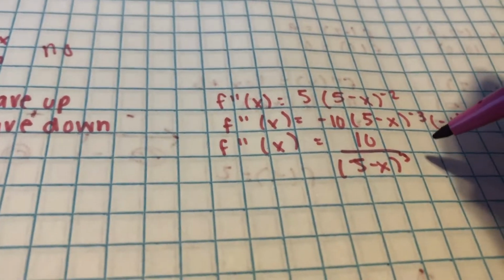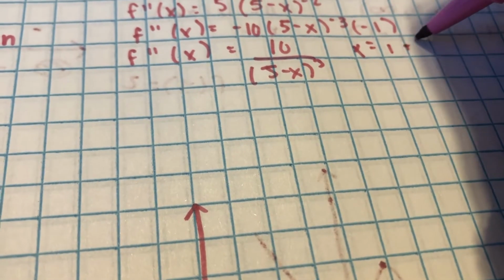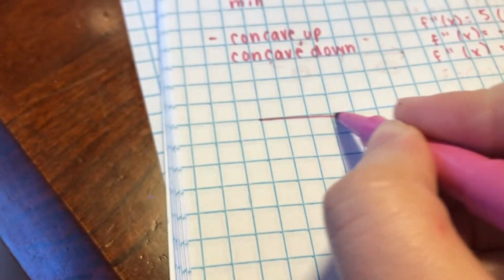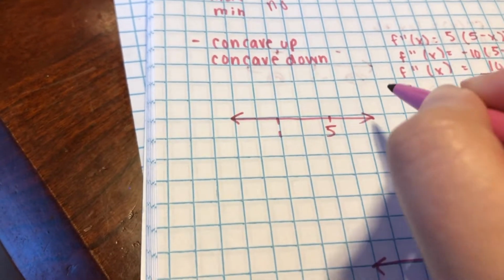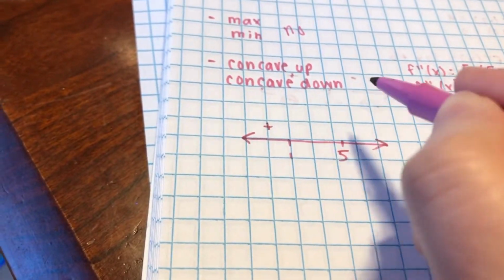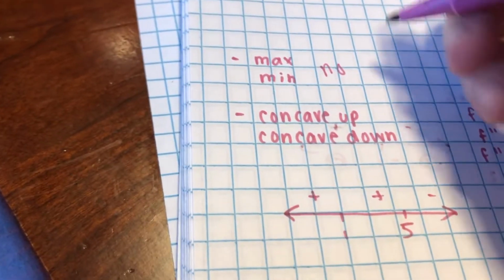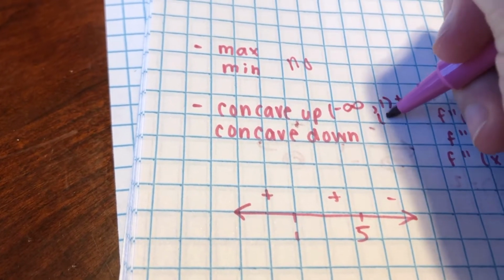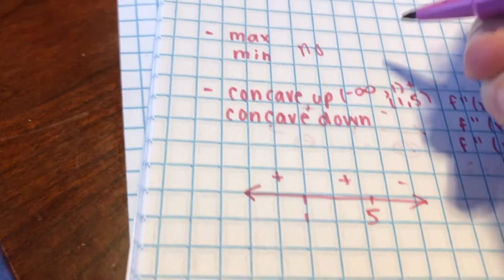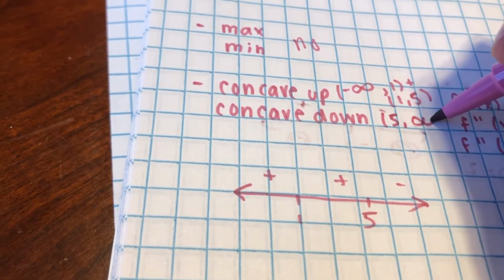When we set this equal to 0, we get our zeros at x equals 1 and 5. On our number line, we have 1 and 5. When we test the points in between, we have up, up, and down. So we have concave up from negative infinity to 1 and 1 to 5, because there's a hole there, and then concave down from 5 to infinity.